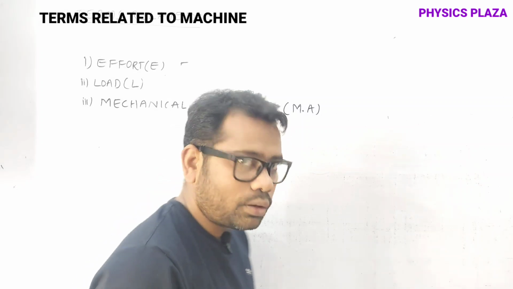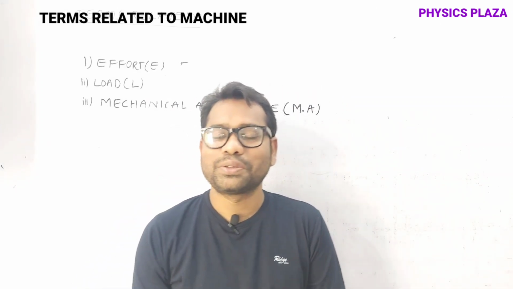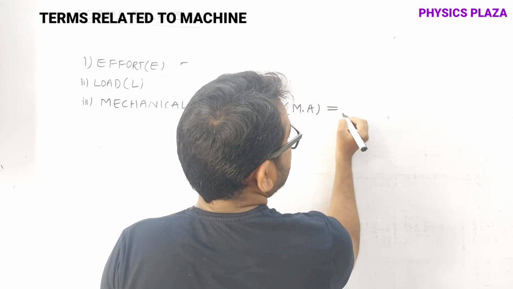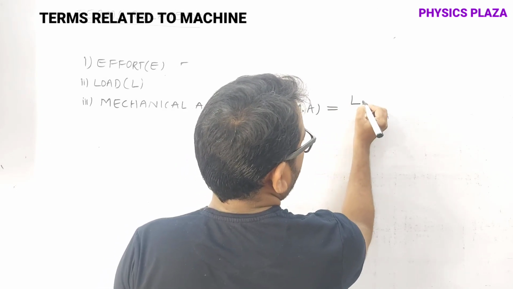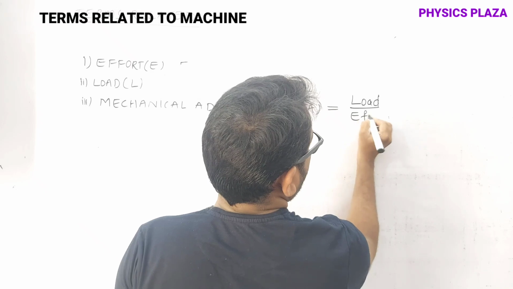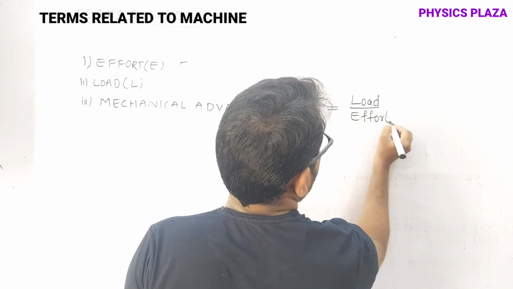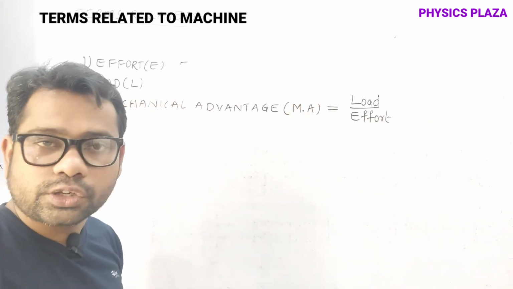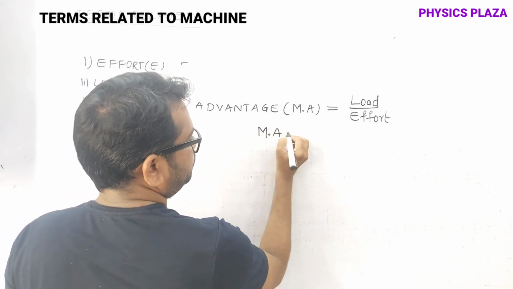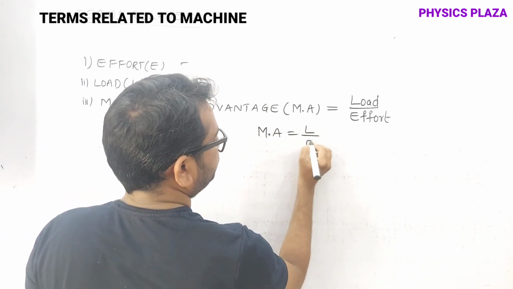MA is not a master of arts, not martial arts; it is mechanical advantage. Mechanical advantage is defined as the ratio between load and effort. So MA is equal to load by effort.